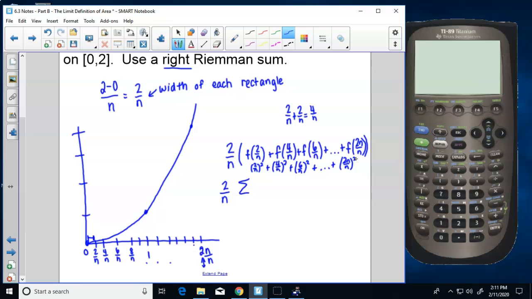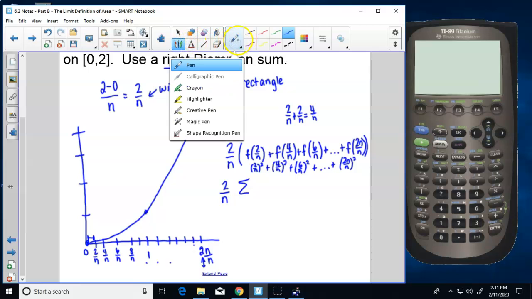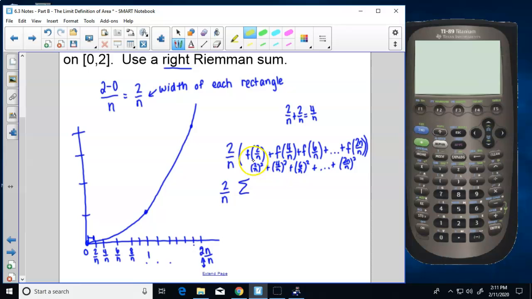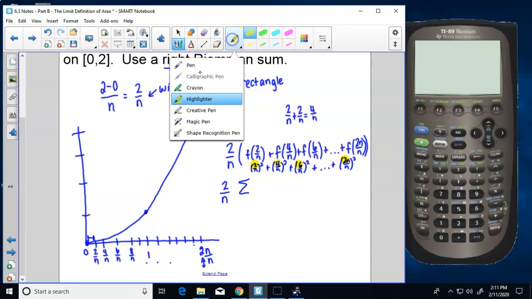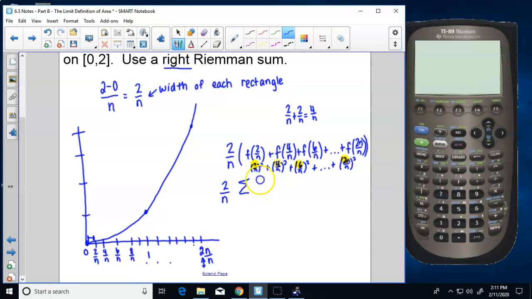Now here's my problem. Whenever we're trying to write sums for this, we look at what changes, and you can see pretty easily the number that's changing is that top number. So in my sum here, I'm going to have something over n squared. Here's the problem. Does it increase by an integer each time?